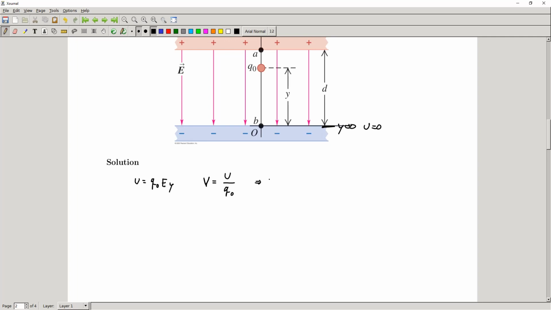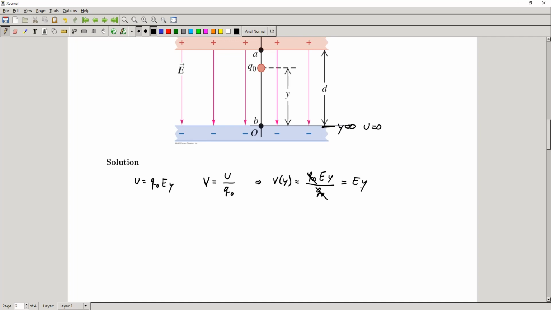We're going to end up finding that V as a function of y is equal to our test charge times the magnitude of our electric field times our distance y, over Q naught, the magnitude of our test charge again. Obviously we can cancel these out, and this is going to give us Ey.